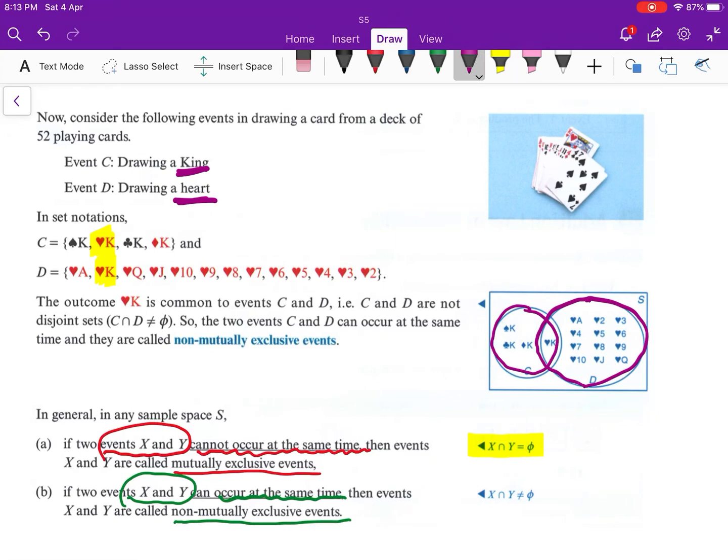Event X and event Y have nothing in common that overlaps, so it is the empty set. But if events X and Y overlap, you have some elements, so it is not an empty set, and we call it non-mutually exclusive.